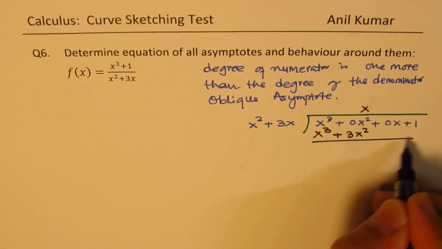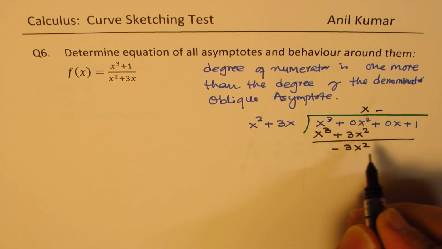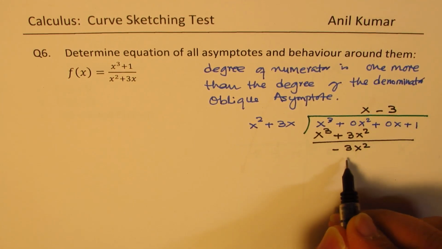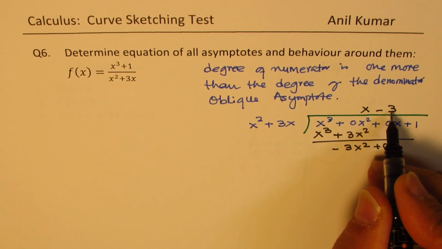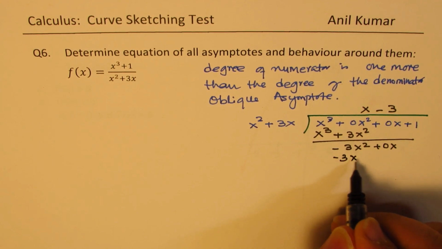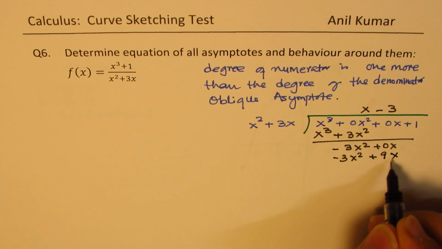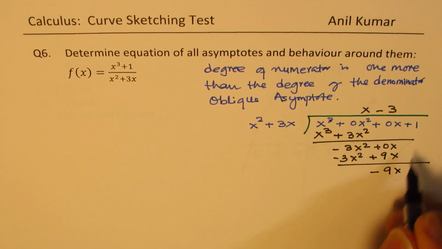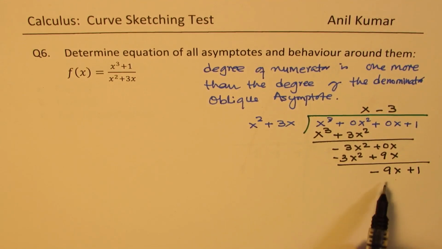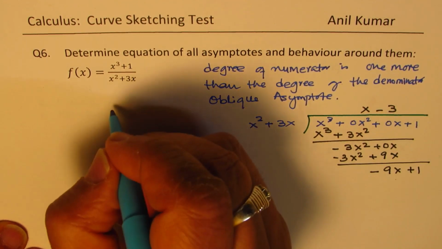When you take away, you get minus 3x squared. So you have to multiply by minus 3 and bring down this 0x. When you bring minus 3, you get minus 3x squared and plus 9x. When you take this away, you get minus 9x and you bring down 1. Clear? That's what you get as your remainder. So clearly, we have an oblique asymptote which is x minus 3. Let me just sketch this here.